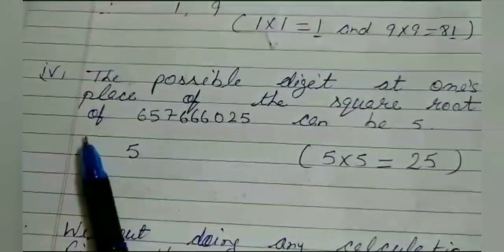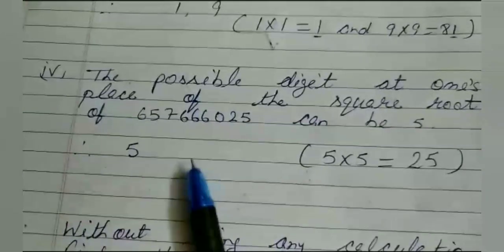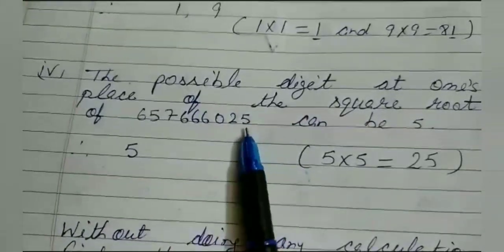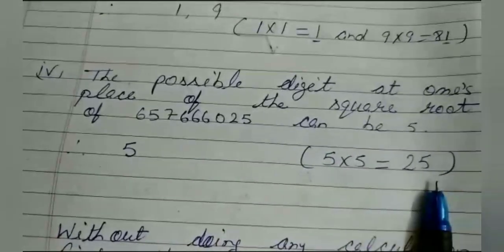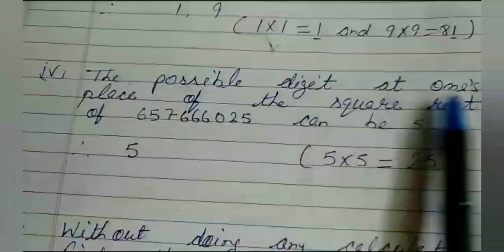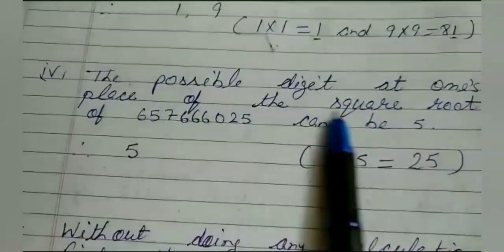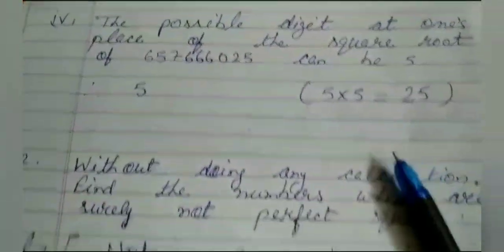Next, the fourth part, the unit place digit is 5 and the square of 5 is 25. So we can say the possible digit at ones place of the square root of the given number can be 5.